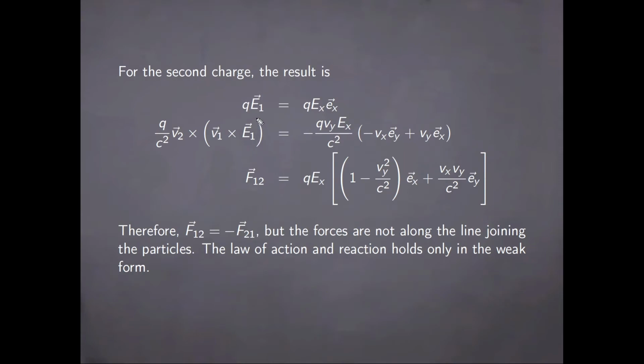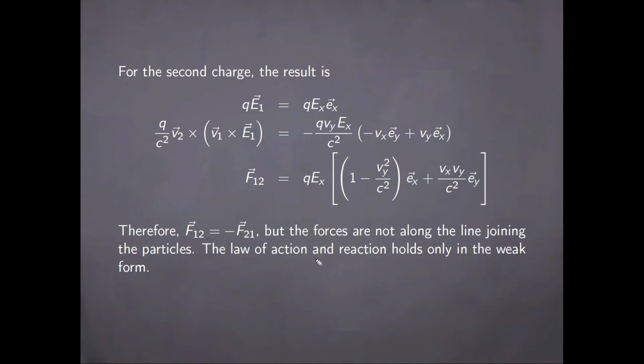For the second charge, in an identical manner, we obtain an electrical component that is equal to the one calculated previously up to the sign, and the same for the magnetic component. It is the same result up to the sign in front. So the conclusion is that these two forces are equal in magnitude and opposite in direction, but they are not along the line joining the particles.